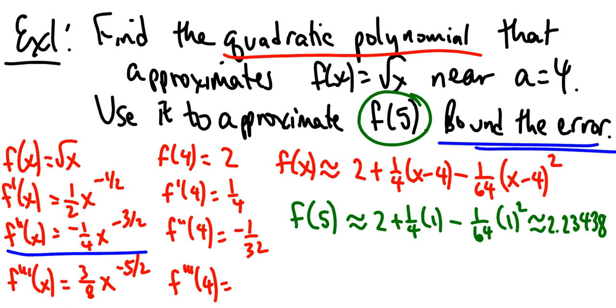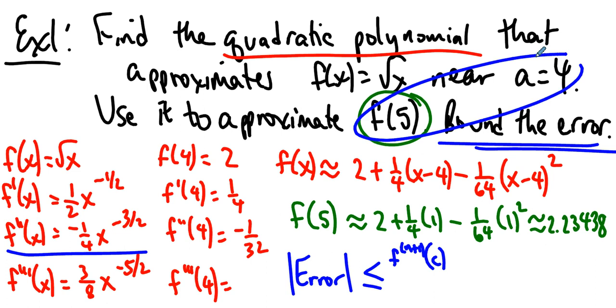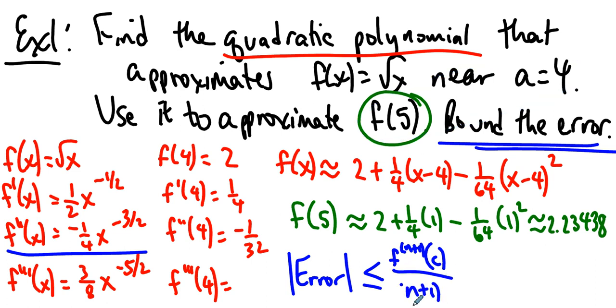So let's bound the error. The absolute value of the error is less than or equal to the n plus 1th derivative at some point c between 4 and 5 over n plus 1 factorial times x minus a to the n plus 1.